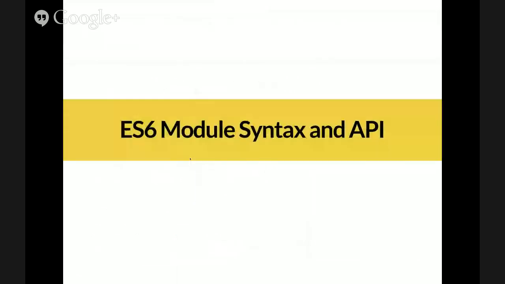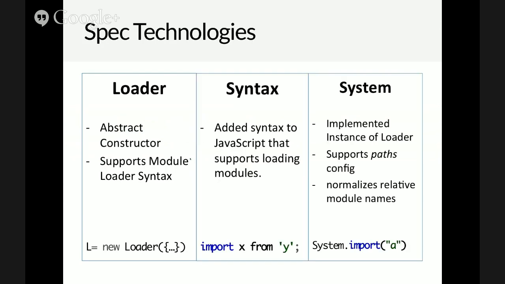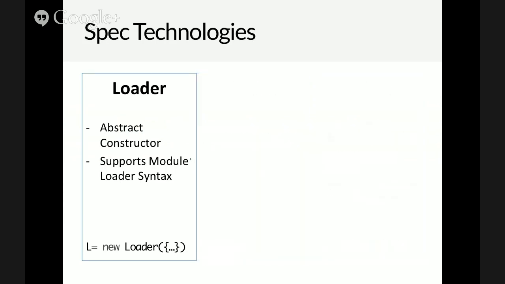But first, before we can get into the syntax exactly, I need to break down the technologies involved with ES6 module loaders. On a high level, there's three things. There's the ES6 module loader, which is an abstract constructor function that lets you define other loaders. It's actually like a class that defines something that you can then use to load.